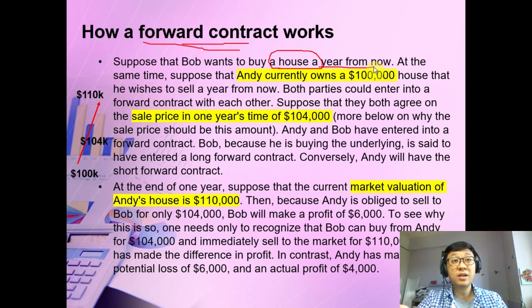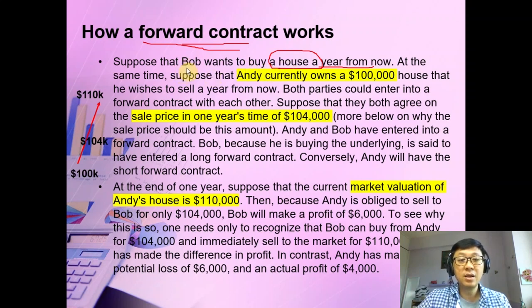So usually you cannot move in straight away. Typically it takes at least 4 or 5 months for the whole registration or sales contract to go through, so you will want to seal a price in the future.